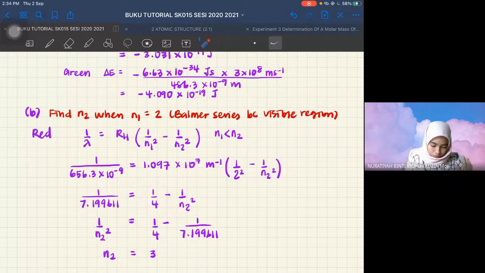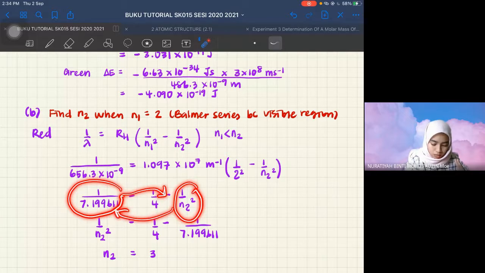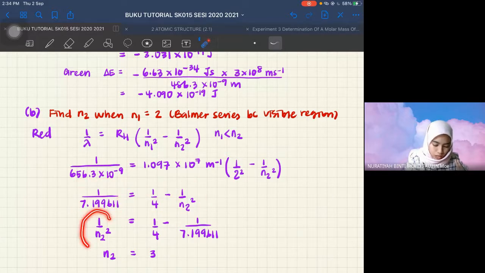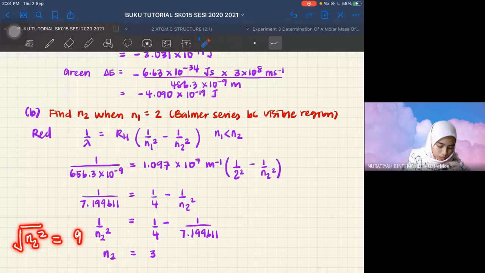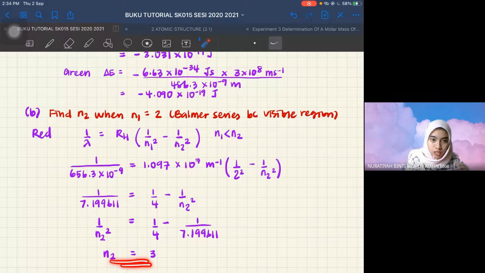Okay. Saya bawa ni pergi sebelah, yang ni bawa pergi sebelah. So kita dapat 1 over n square. Okay. Kira ni. And then what I did was yang n2 square tu kita akan square root lah. Okay. So jawapan yang 9 tu tadi kena square root. So dapatlah n2 awak 3.